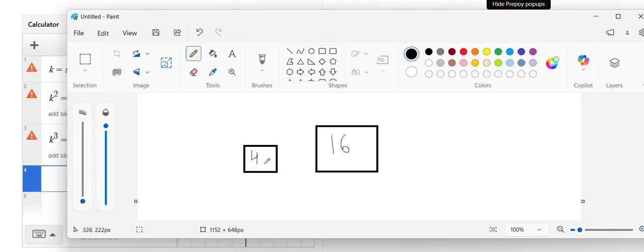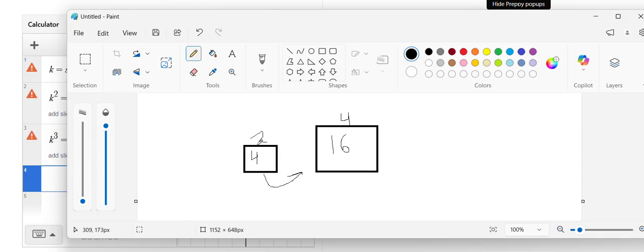So in order to find K squared, 4 times K squared will give you 16. In our earlier example, we found that K is equal to 2, because it's technically the same two squares. If you put the side length as 2 here and 4 here, the area would be 4 and 16 respectively, right? So it's technically the same thing.